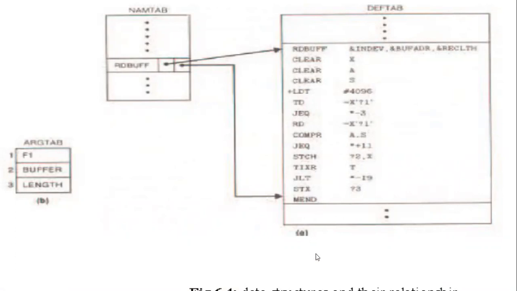Where exactly each is beginning and ending, and the name of the macro, such as read buffer, with its beginning and ending points, that address is managed by NAMTAB. Then the parameters you are using, such as buffer and length, are all managed in the argument table. So this is the data structures and how we deal with the macro.